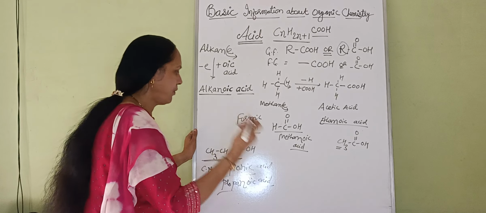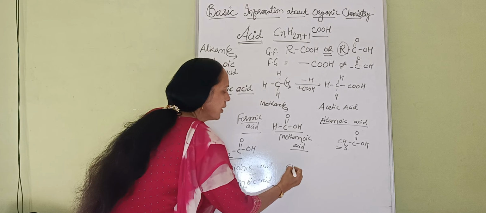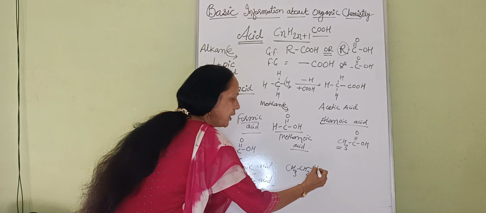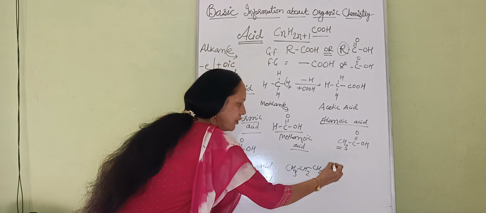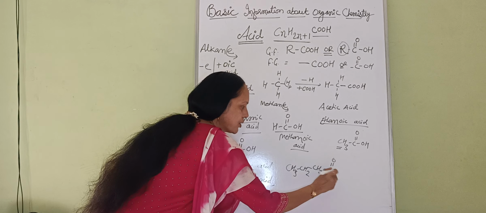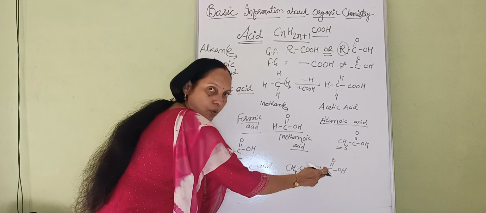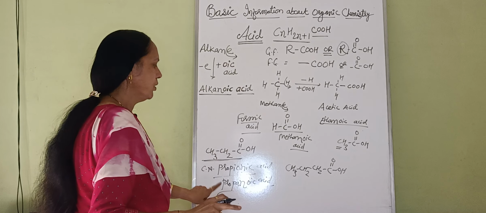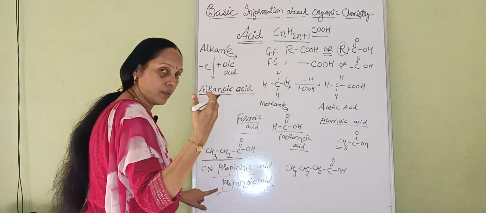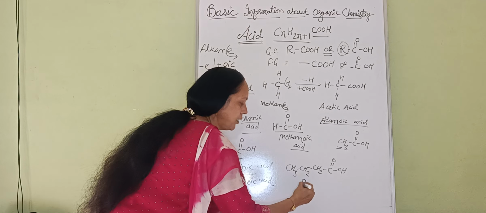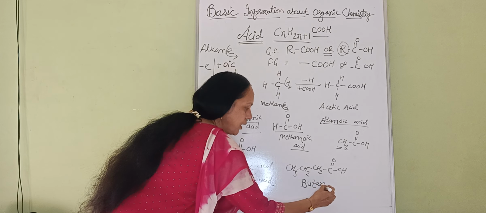Okay. Now if I write the 4th compound, the condensed formula is CH3CH2CH2, 3 carbon, then C double bond OH. How many carbons have I written? 1, 2, 3 and 4. Instead of propanoic, this is butane, so this is butanoic.